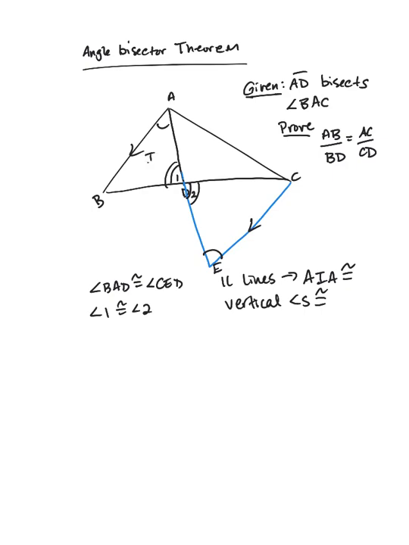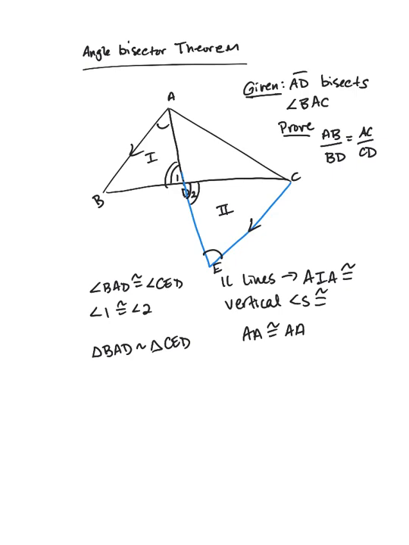So these two triangles are congruent, triangle 1 and triangle 2. So I will call it triangle BAD. I mean, they're similar. I think I said congruent. I tend to do that by accident. I apologize. Triangle BAD is similar to triangle CED by angle congruent to angle.